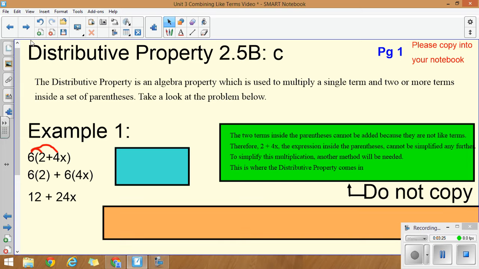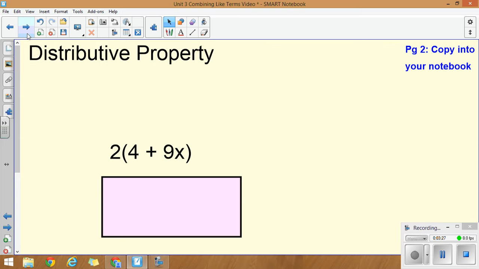All right, we have just 2 more examples and we'll be done. Okay, so we have 2 times the quantity of 4 plus 9x. So I want everything in this bracket 2 times. So I'm going to take 2 and multiply it to 4. So 2 times 4.